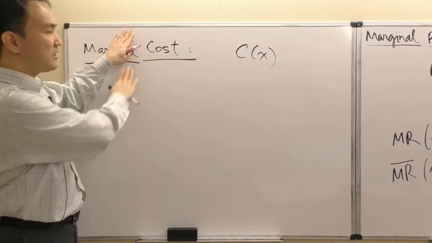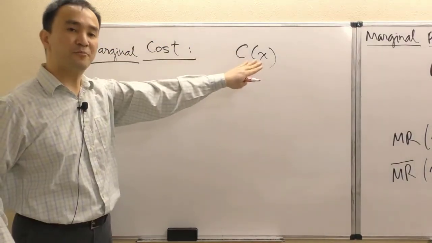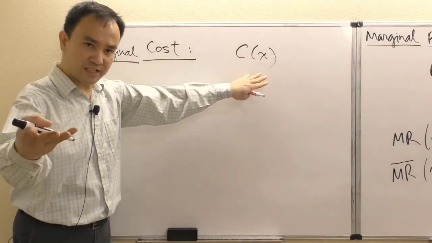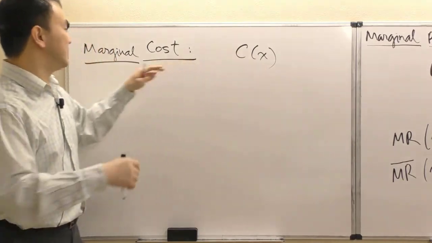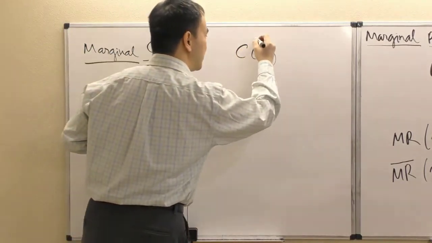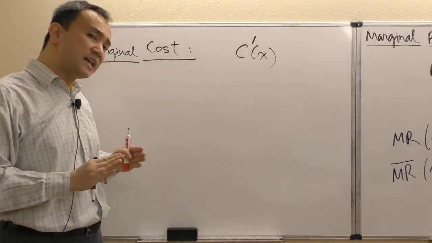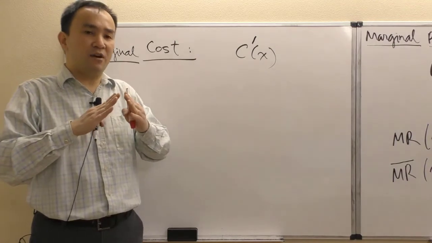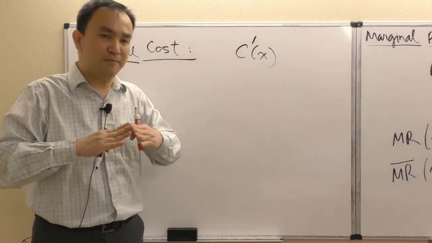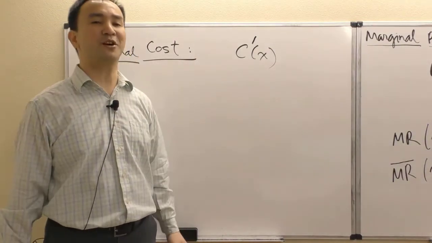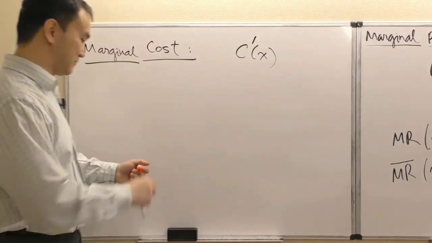And if cost itself is represented by the C of X function, C is for cost, then marginal cost is C prime. Okay, the derivative. We didn't see that in this example, but the idea is that we can see through one example and make a generalization to the rest of those. Okay, and they're all related enough.